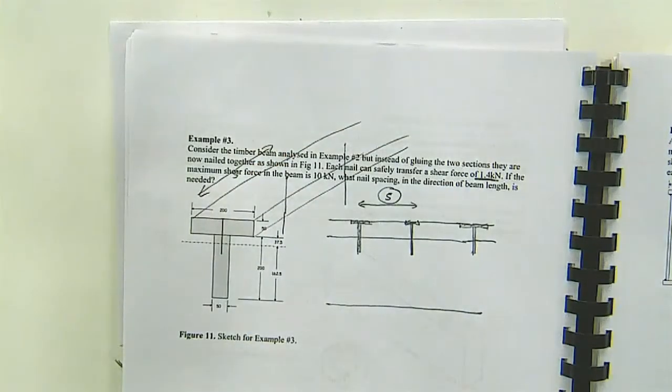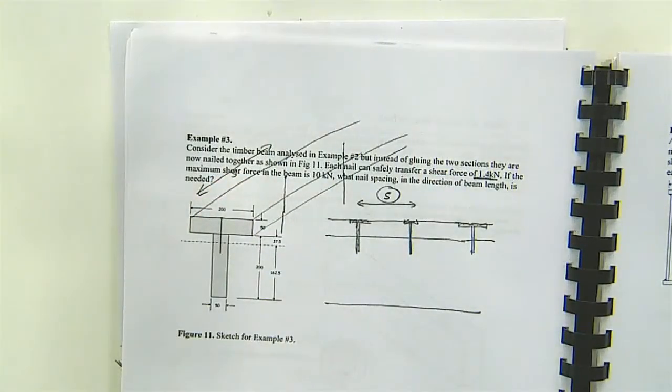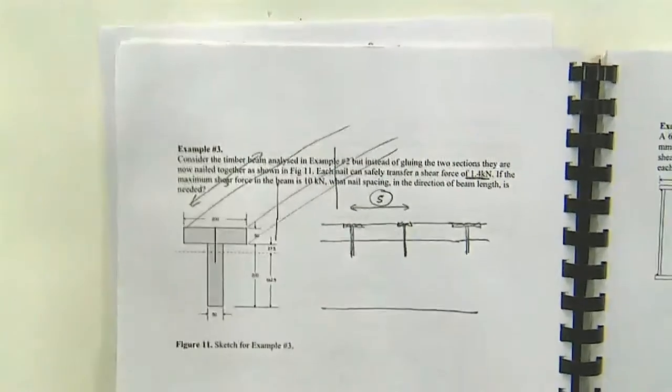You want to know the strength of your nail, and from the strength of the nail you can work out the spacing, or you're told the spacing of the nail and you can work out what strength of nail you need. Is that all very obvious? Okay, good. Let's move on.